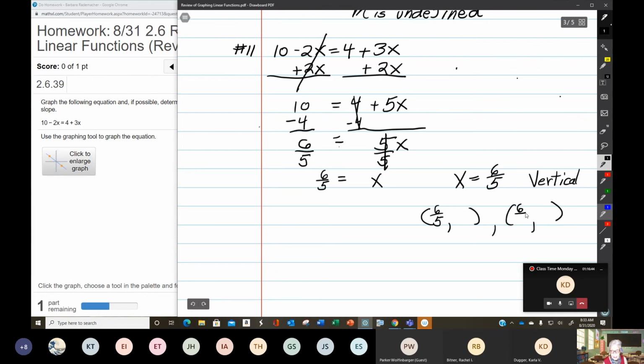So x is not going to change in this problem. But I can choose easy numbers for my y coordinates, like 3 and 5, or 2 and 6, or -2 and +2, anything you like. How about -5 and +7? That's already getting hard. But anyway, here we go.